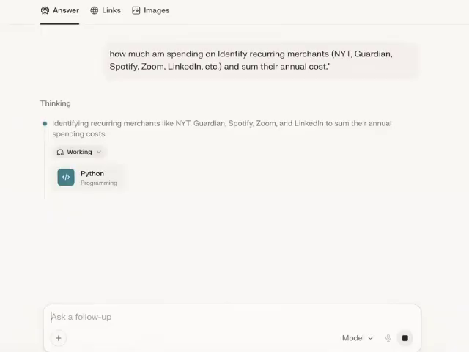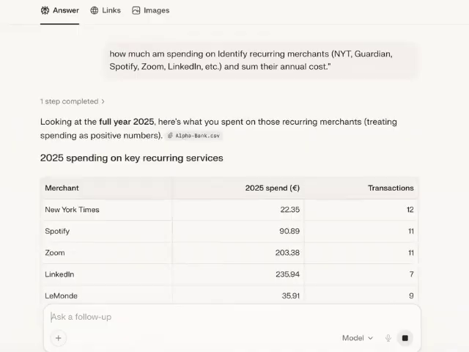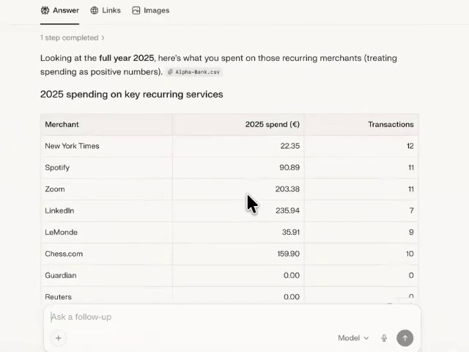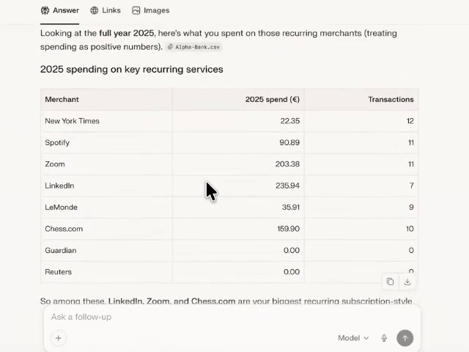Been doing that since 2022. The New York Times is kind of expensive, but every time I go to cancel it, they give me such a discount. They reduce it to like $1. So Spotify 90, Zoom, you can't reduce that.